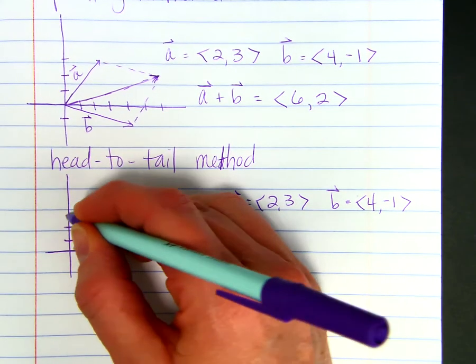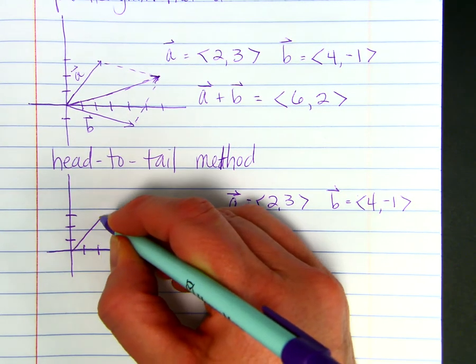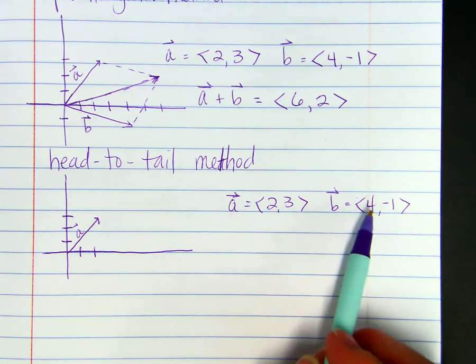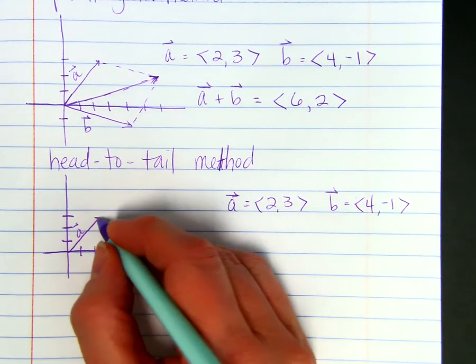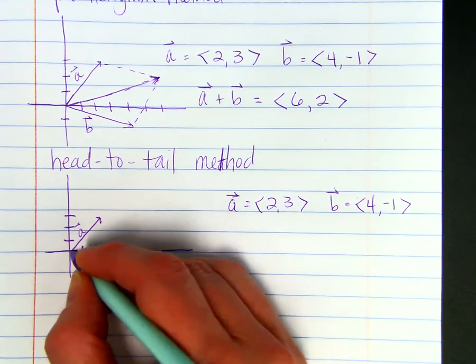So if we graph vector A, and then to do 4, -1, we start here instead of at the origin.